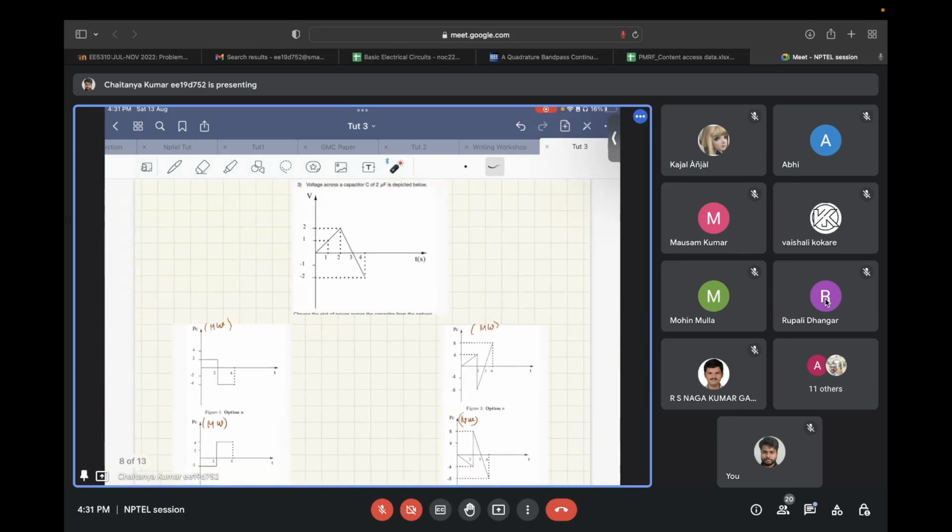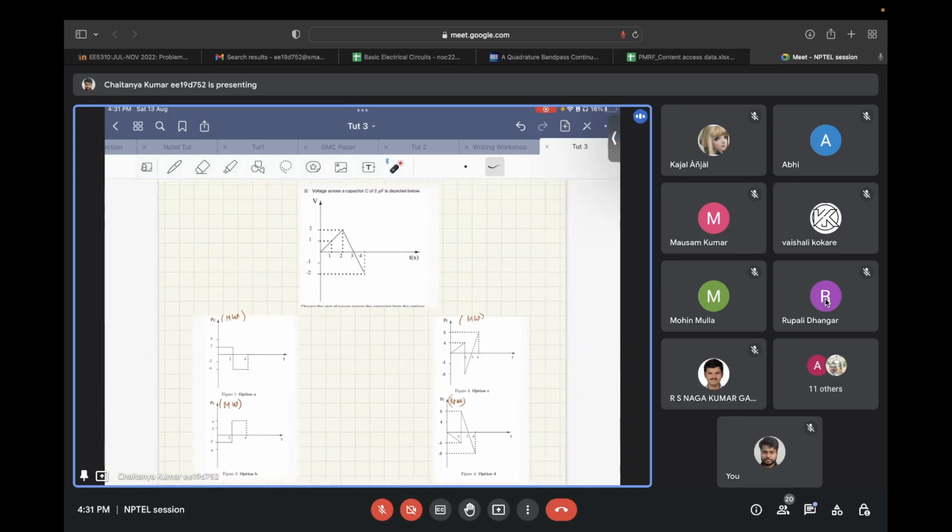Okay, so now in this question, you have been given a voltage curve across a 2 microfarad capacitor, and what you need to find is the power curve for this particular capacitor. You have four options: A, B, C, and D. So please try it out and paste your answer in the chat box.